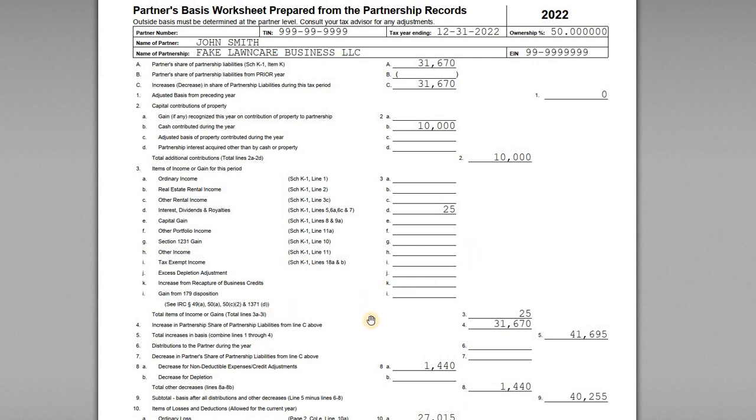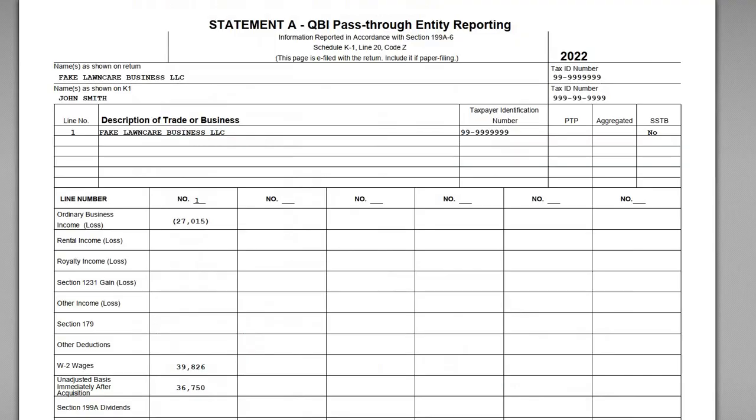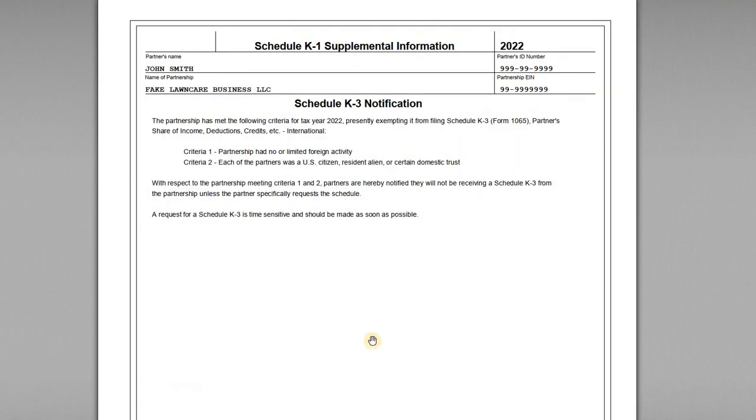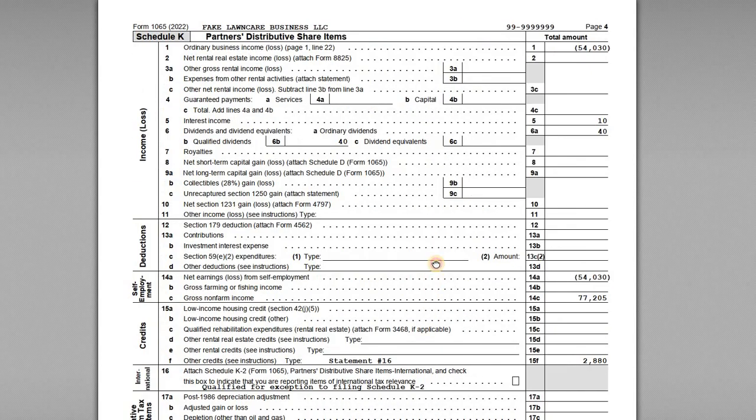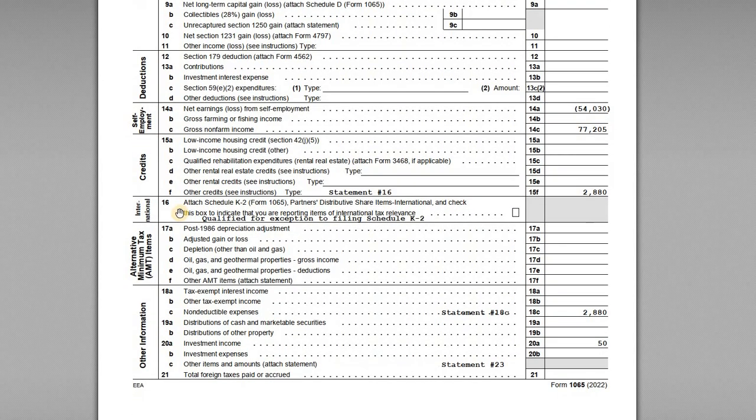All right. Now, I think two more things to cover, right? The Schedule K2 and K3 issues, and then the de minimis safe harbor election, right? So Schedule K3 and K2, if we look at K2 here for the international items, right? Line 16, attach K2, Form 1065, and the checkbox to indicate you are reporting items of international tax relevance.